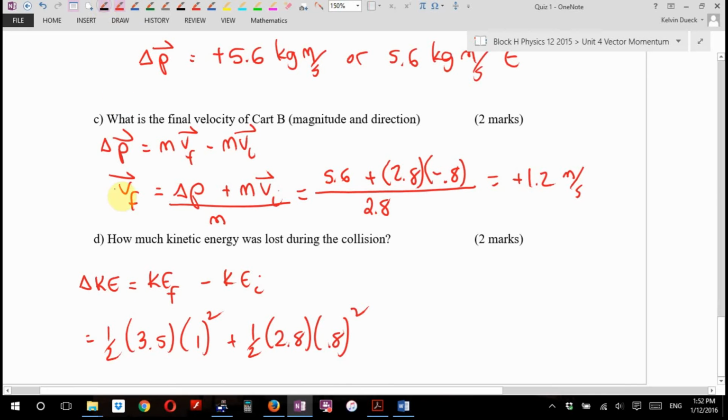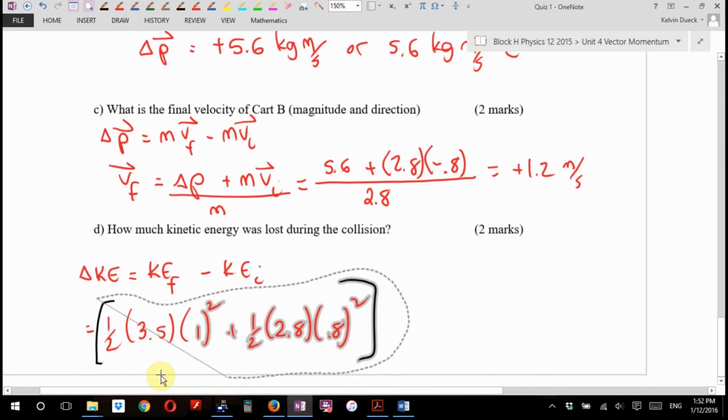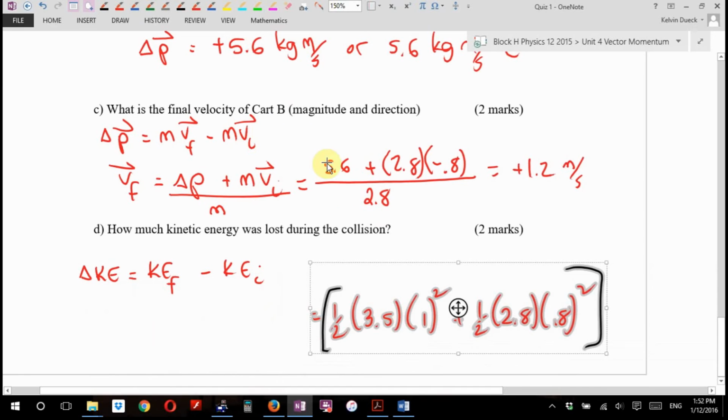So here is, oh, you know what? That's initial kinetic energy, Mr. Dewick. You should have done final first. So let's be clever. There's the initial. Let's now do the final. What was the final kinetic energy?